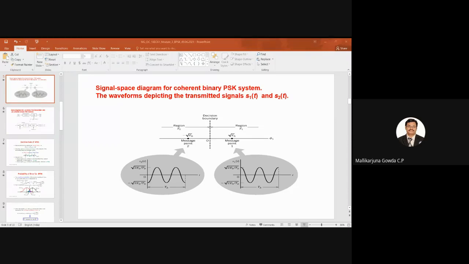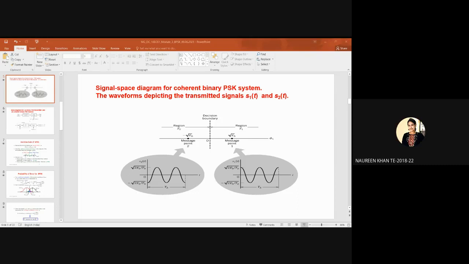When 1 is transmitted, if the decision device takes a decision in favor of symbol 0, that is one error. And the second one is, when symbol 0 is transmitted, and the decision device takes a decision in favor of symbol 1, then that is another error. Hope you got my point, my dear students.